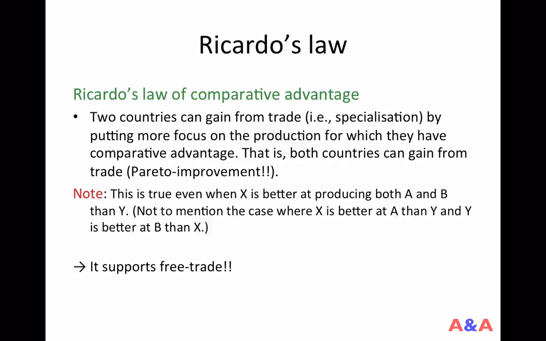If the US shifts their resources to manufacturing and the developing country shifts their resources to agriculture, and then they trade, they can enjoy more production and more consumption. That's what Ricardo's law says. Okay? So Ricardo's law is a strong support for free trade argument.